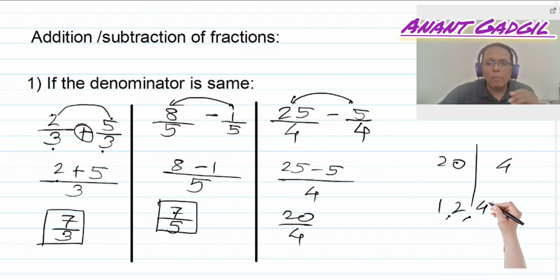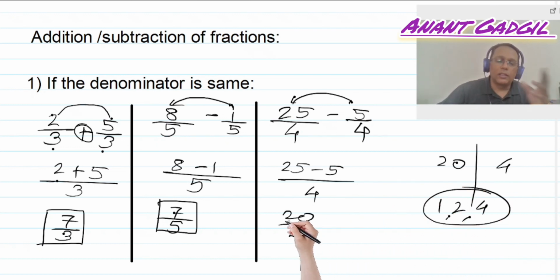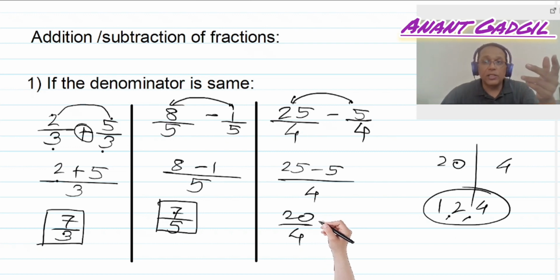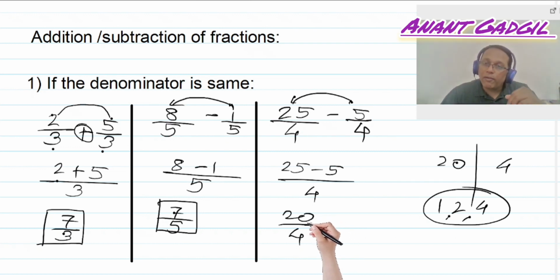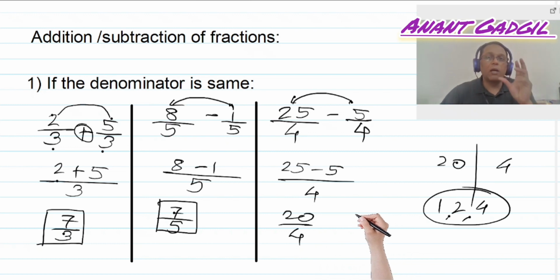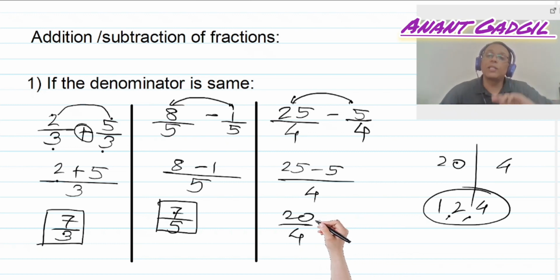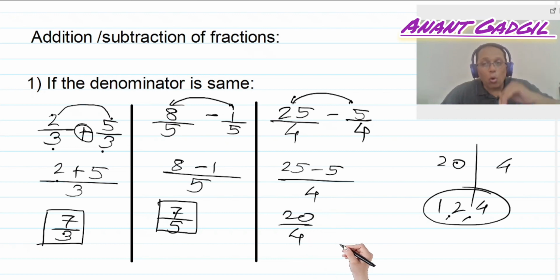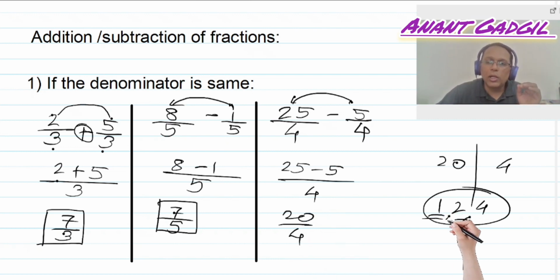These two numbers, 20 and 4, are divisible by 1, 2 and 4, not any other number. 20 is divisible by 5 too, but we are thinking about a number which divides both of them.